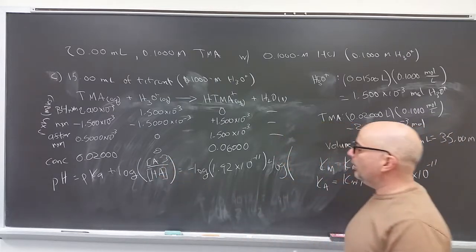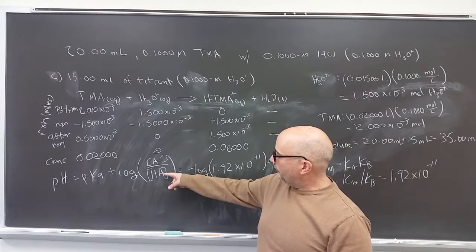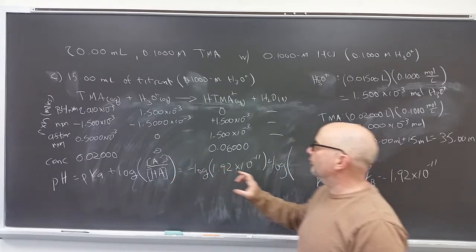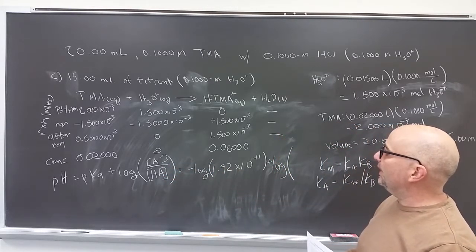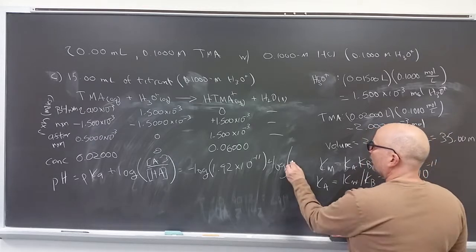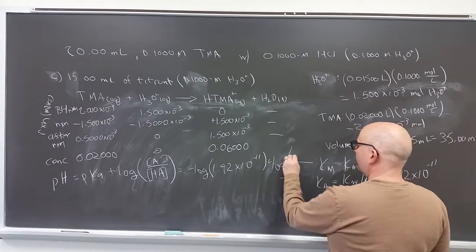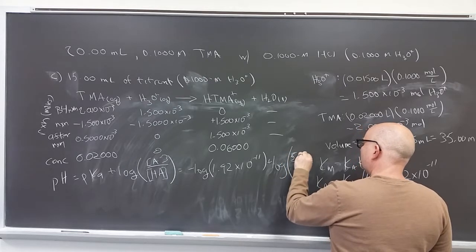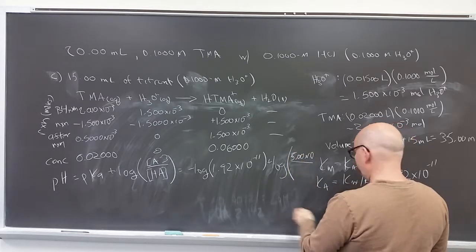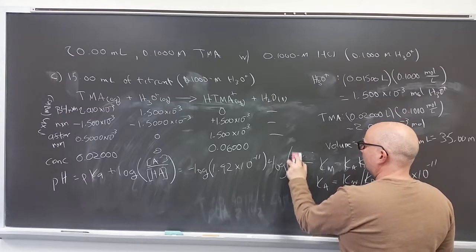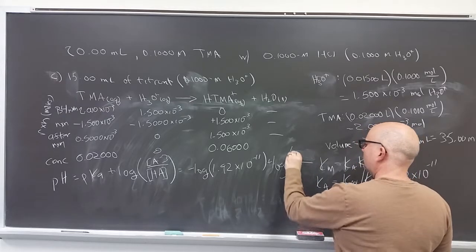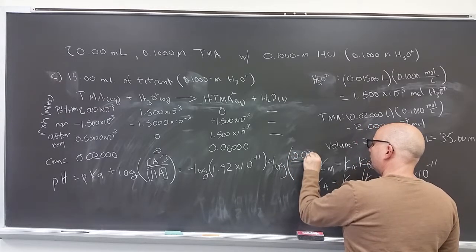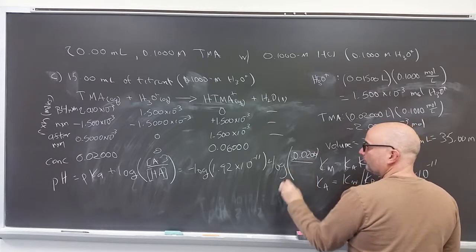Now, keep in mind this is usually written as A minus and HA, but remember in our case, the base is neutral, and it has a concentration of 0.02 molar.